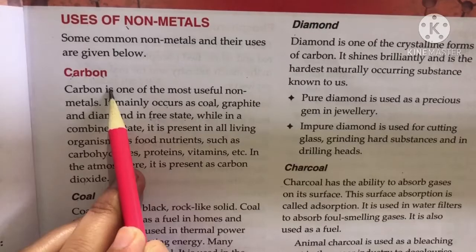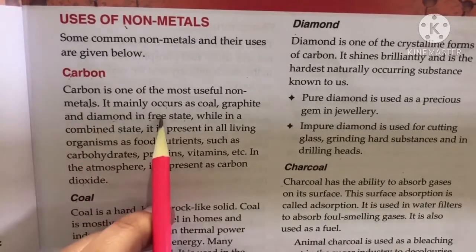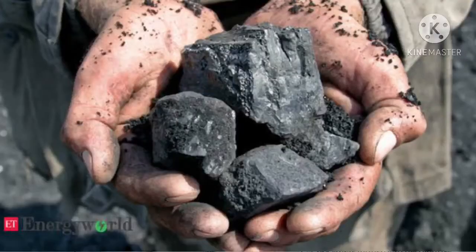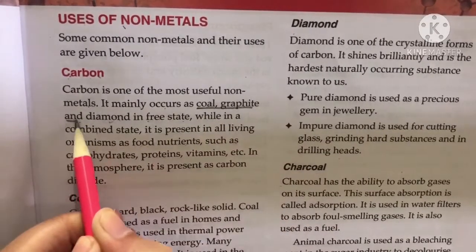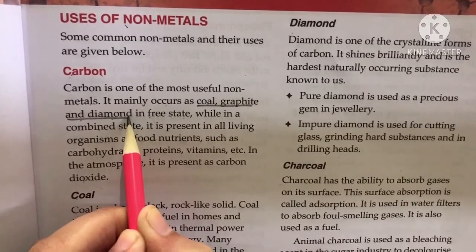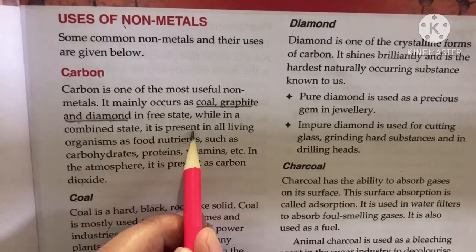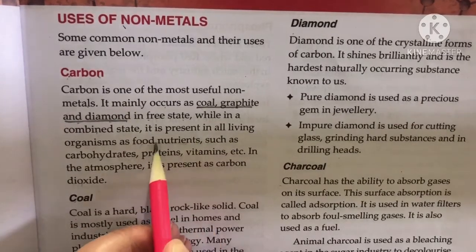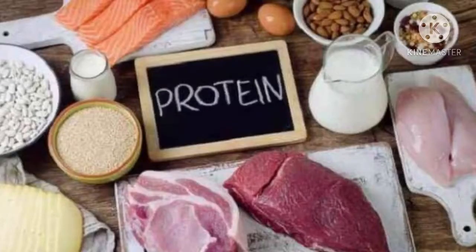Carbon is one of the most useful non-metals. It occurs in the free state as coal, graphite and diamond. So these are the free states of carbon, and carbon is a non-metal. Then in the combined state, it is present in all living organisms as food nutrients such as carbohydrates, proteins, vitamins.